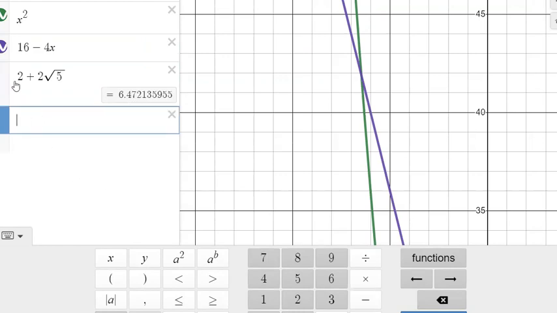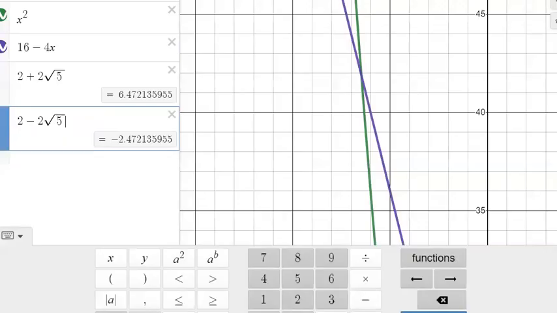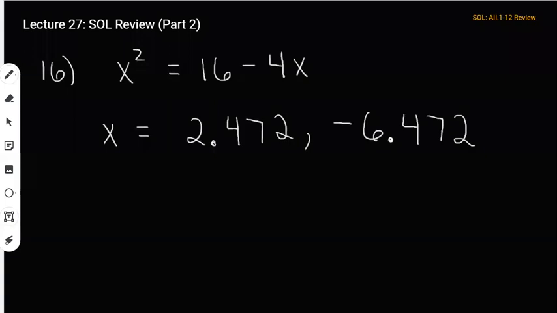I'm also going to try 2 minus 2 square root of 5 and see what I get there. And that would be negative 2.472. So that seems to match up with what I have right here. Does it? Let me check. No, it doesn't.